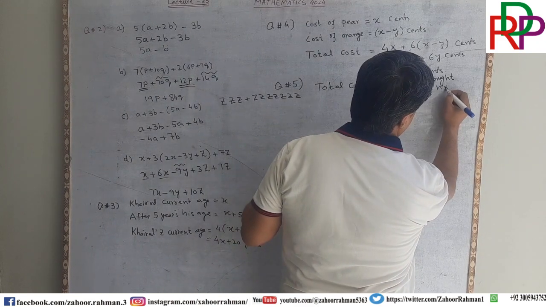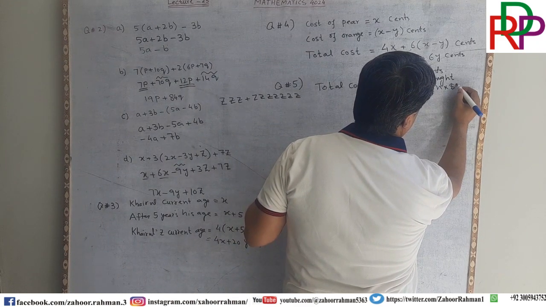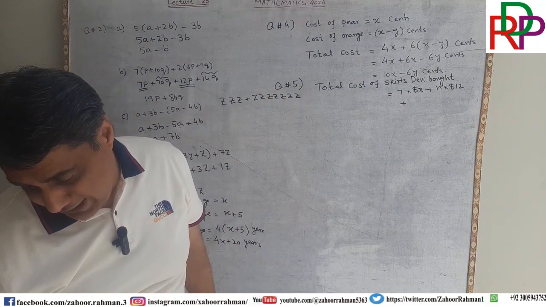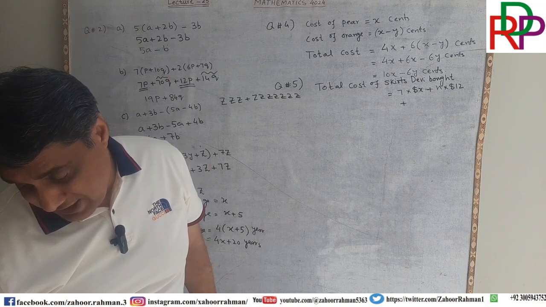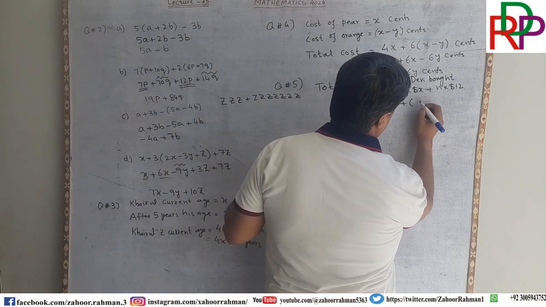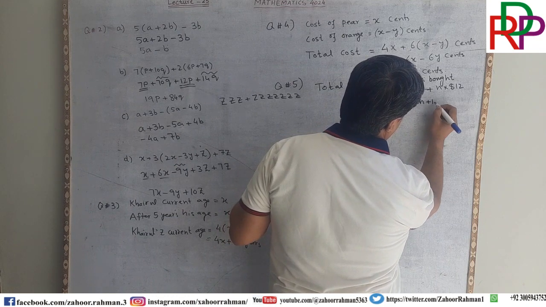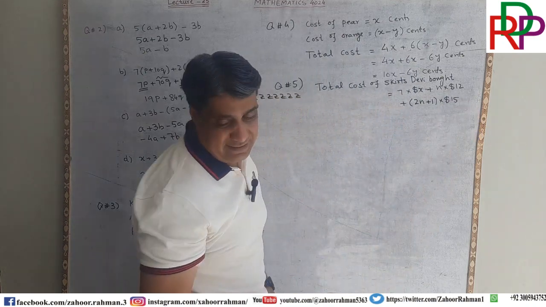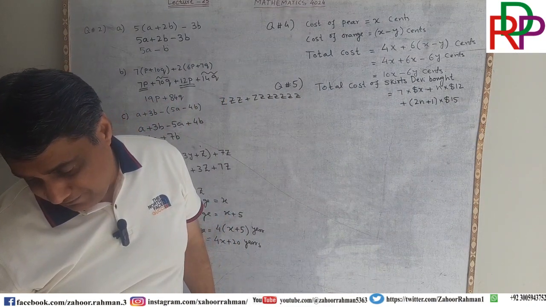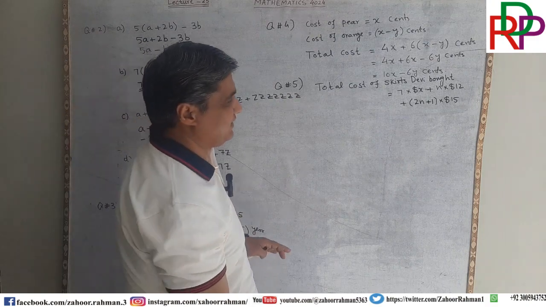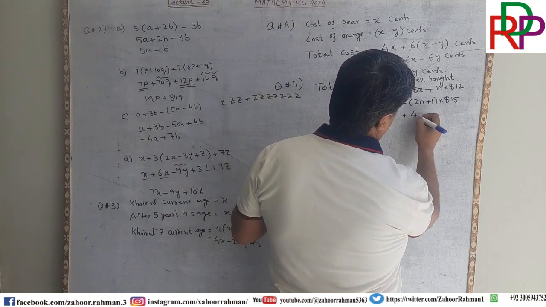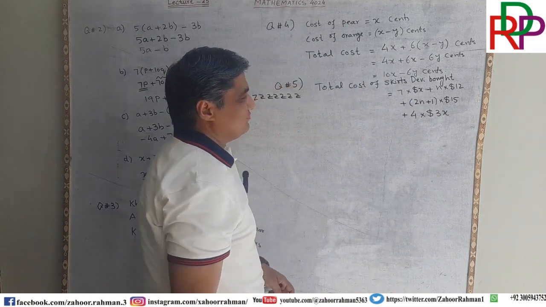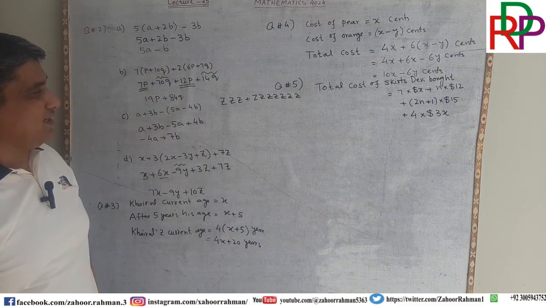So N multiplied by $12 plus, again the question is saying 2N plus 1 skirts at $15. So 2N plus 1 skirts multiplied by $15, and at the end they are saying 4 skirts at 3x dollars, plus 4 into $3x. So we will find the total cost.